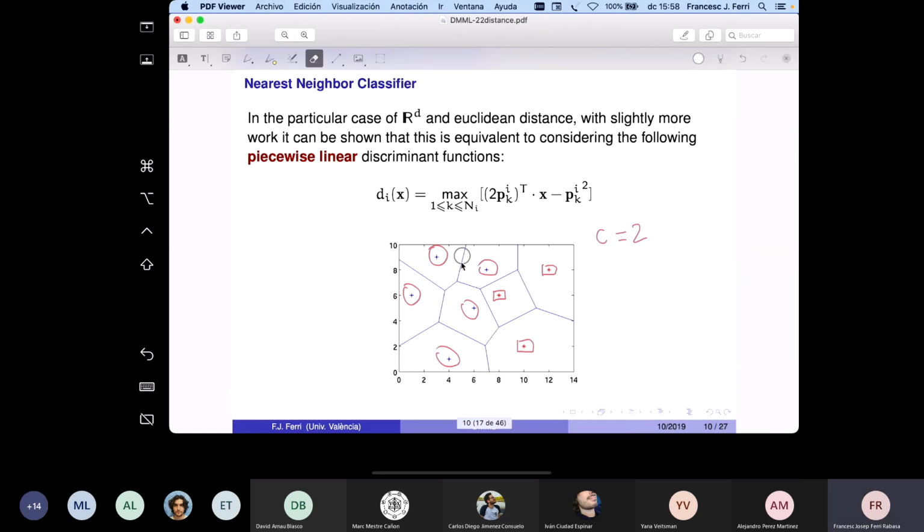And then we can plot all these boundaries. You see?